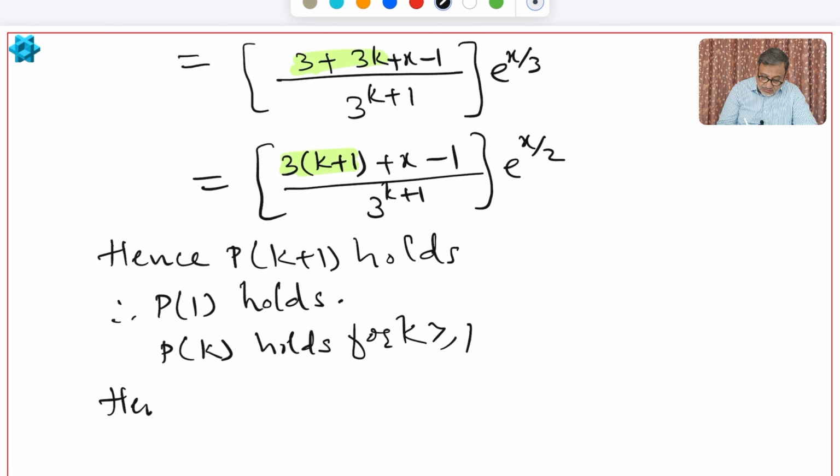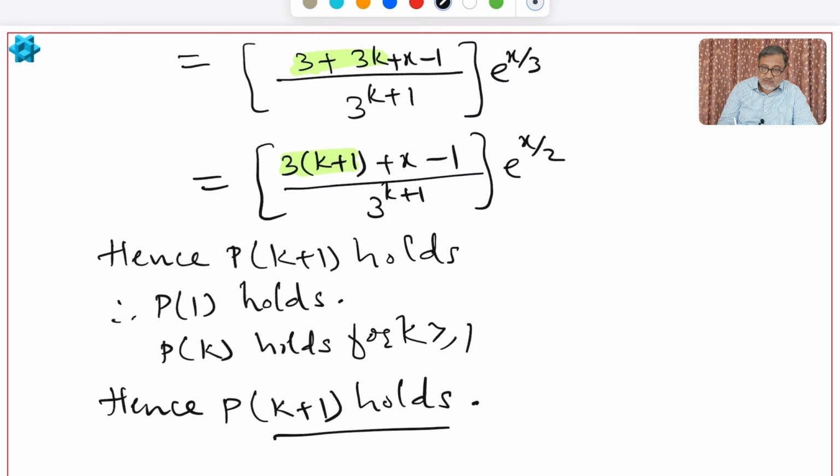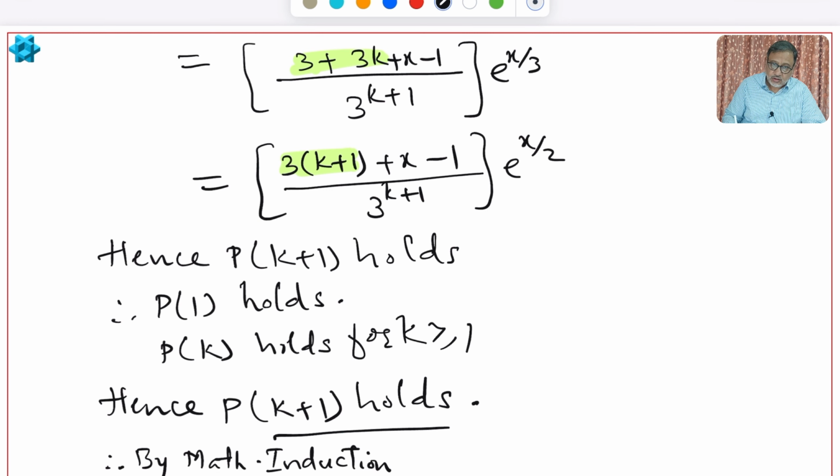Hence, P of k plus 1 holds. So, like this we have completed the proof, right? P of n holds for all n belongs to Z plus.